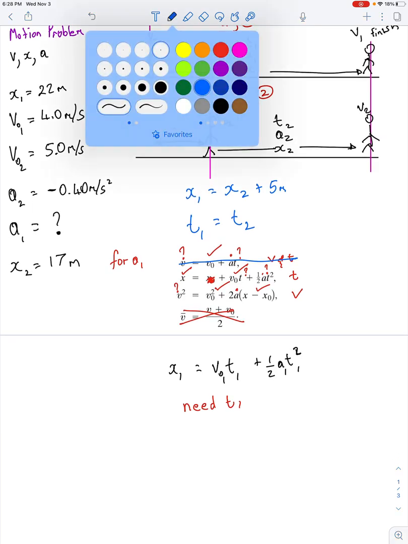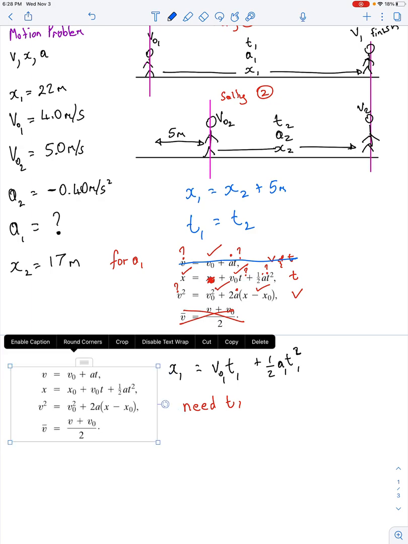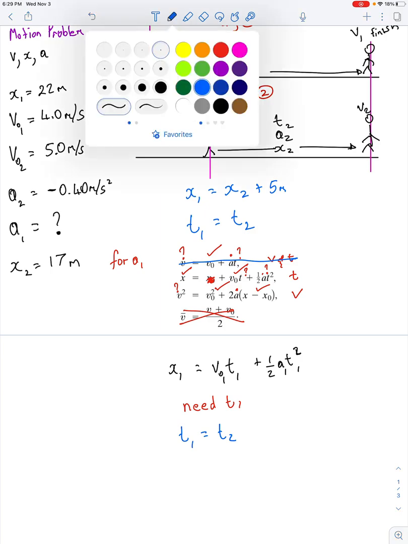We cannot use any one of these equations to solve for t1. No, we can't. Because once again, you'd be running around like a dog chasing its tail. So we know that t1 is equal to t2. So go find t2.